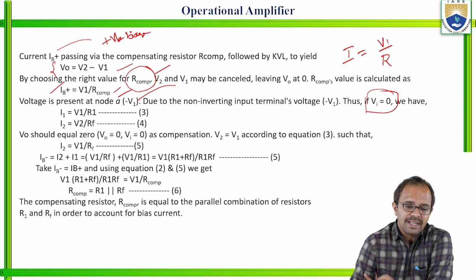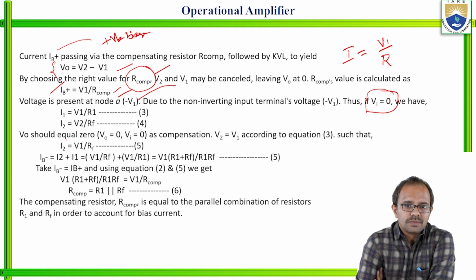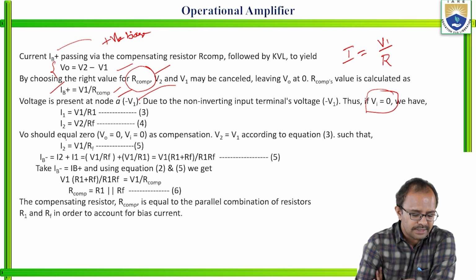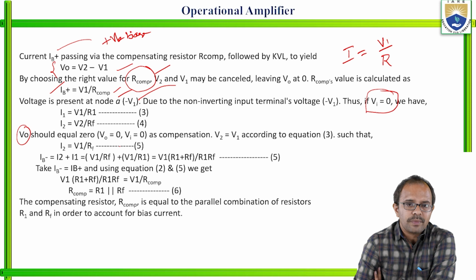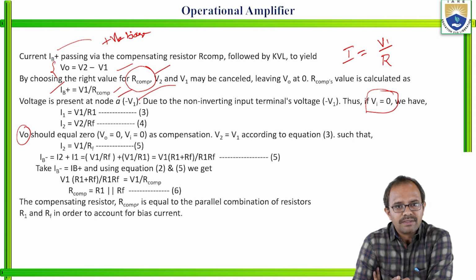Then we can realize I1 and I2, the two currents across the inverting and non-inverting terminals, as V1 by R1 and V2 by RF, where RF is nothing but the feedback resistance. So V0, the output voltage, should be the difference between V2 and V1.